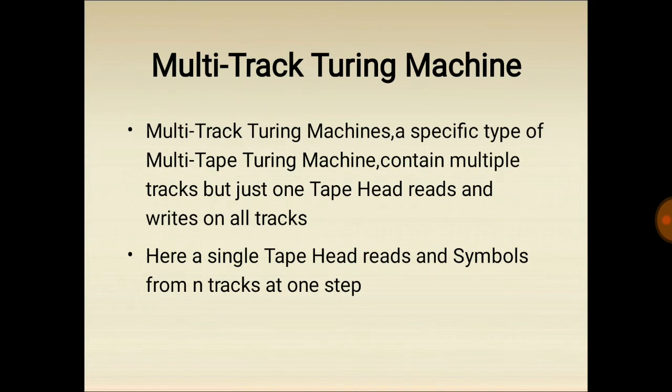Now, multi-track Turing machine. A multi-track Turing machine is a specific type of Turing machine that contains multiple tracks but just one tape head that reads and writes on all tracks simultaneously. Here, a single tape head reads and writes the symbols from n tracks at one step.